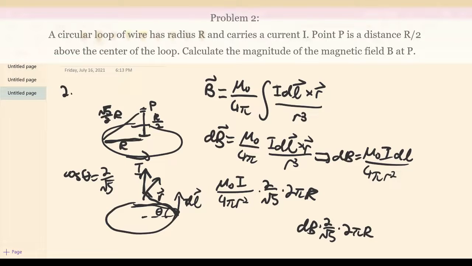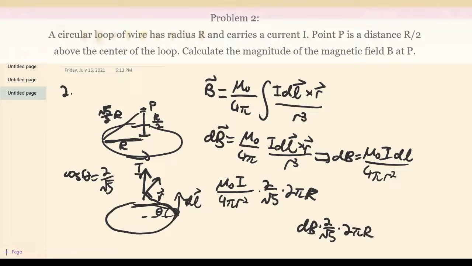Of course, this small r in the denominator of dB, as I mentioned earlier, is the distance from the current to the point where we're measuring the magnetic field.